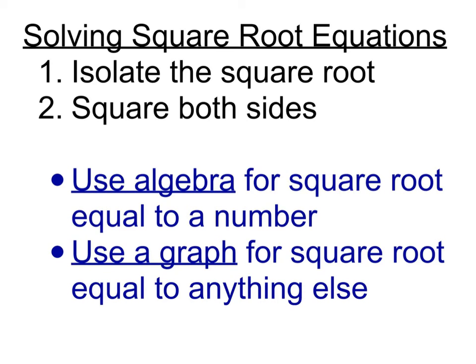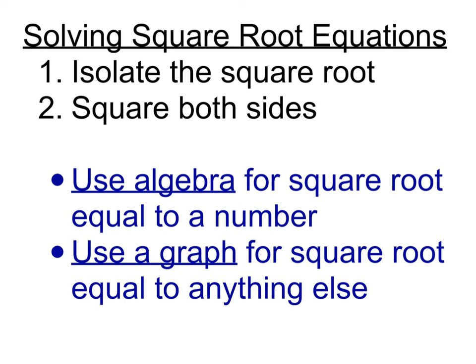So for those last 2 bullet points now, you'll notice that it's telling us when to use each method, because we now know 2 methods for solving a square root equation. And so anytime you see a square root that's just set equal to a number, go ahead and use the algebra. So basically what we're learning new today, use that method. Do this if you just have a square root and then it equals a number. Use the graph when the square root is set equal to anything else.